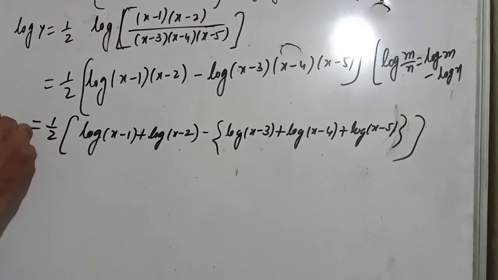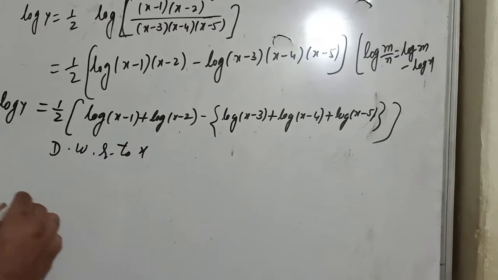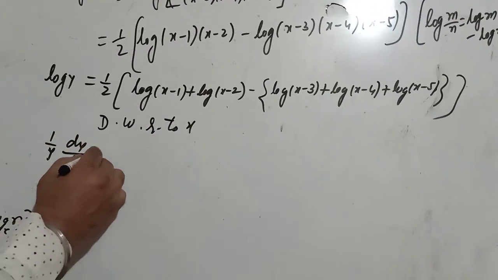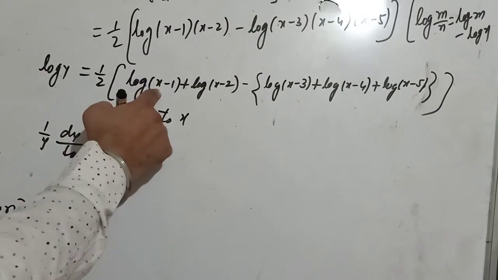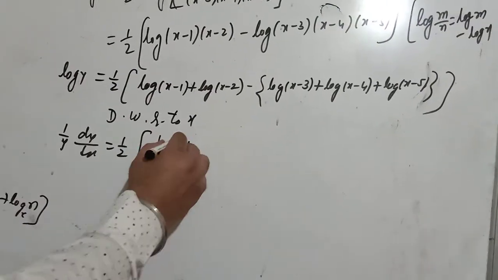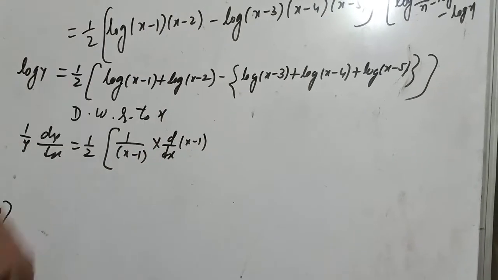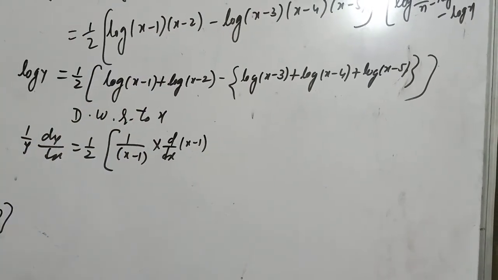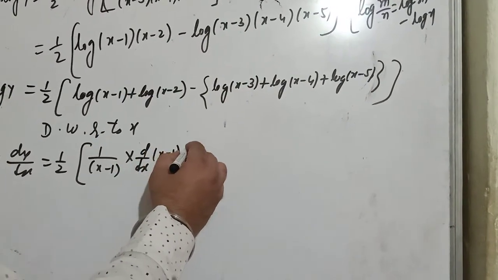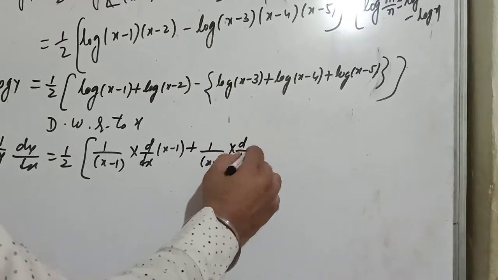Now we can differentiate. We have got the simplest form, differentiating with respect to x. So log y differentiation is 1 upon y dy by dx. 1 upon 2 constant. Because of log, 1 upon (x minus 1), then differentiation of (x minus 1). You have to show it, because log x is 1 upon x. Log of whatever is given, 1 upon that; you have to write the same thing because it is a function of x. Now log (x minus 2), 1 upon (x minus 2), then d by dx of (x minus 2).